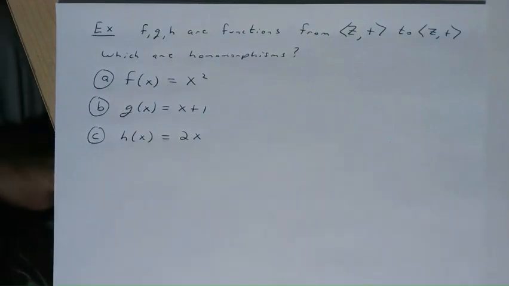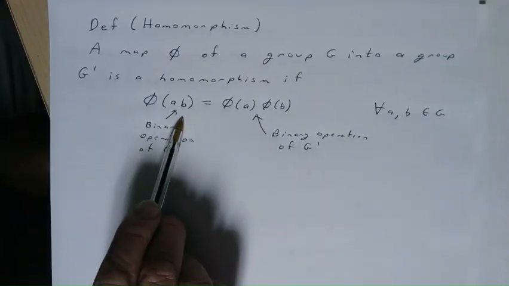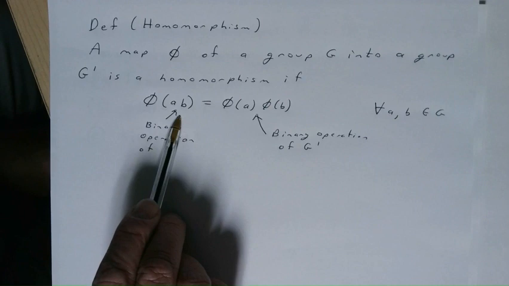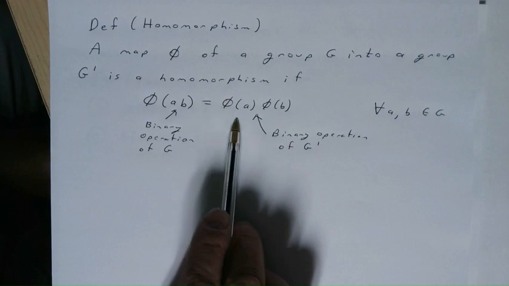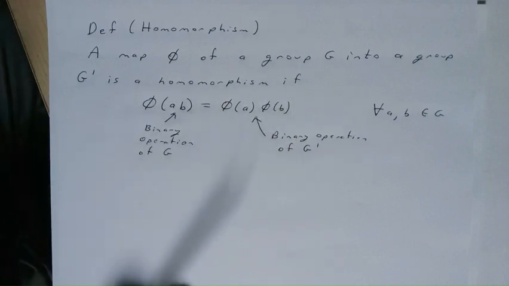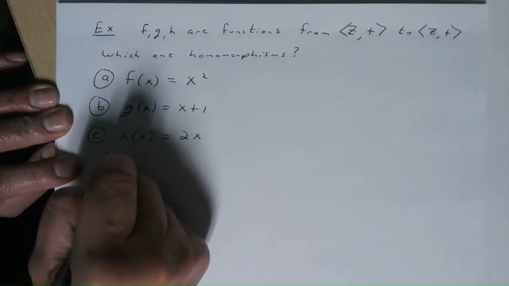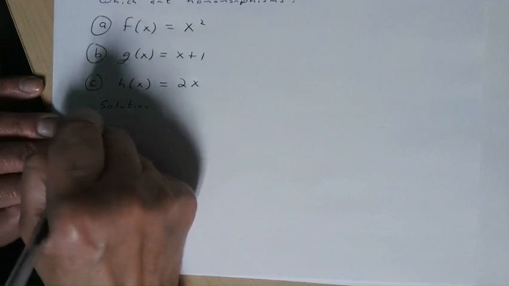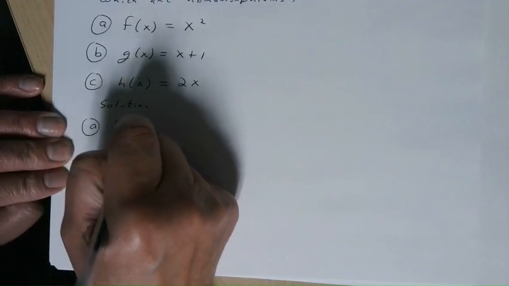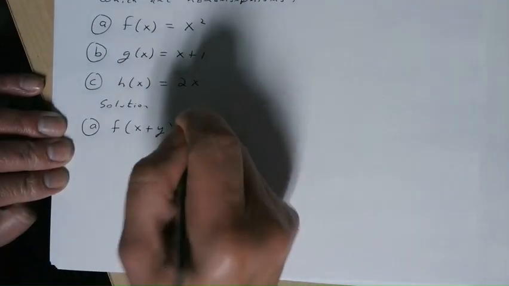So again, according to our test, we have to be able to do a group operation here, like say phi AB, and show that that's going to be equal to phi A, phi B. So let's try the first one. Let's consider this one right here. And let's put in two different values, let's say x and y, and put them into our function.